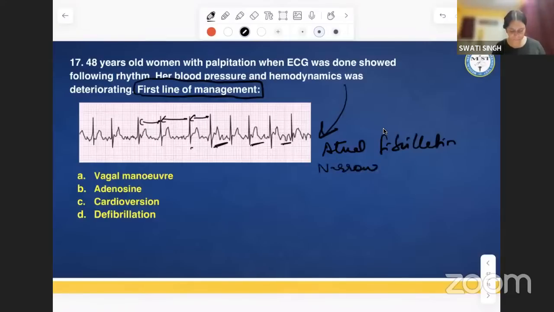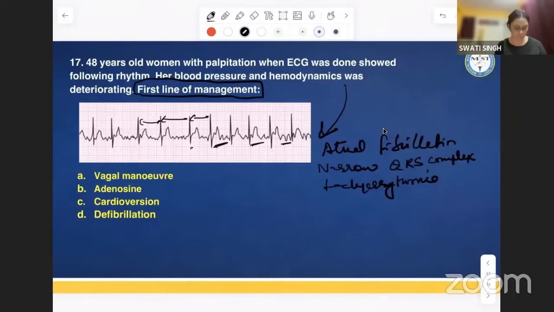Narrow QRS complex tachyarrhythmia, atrial fibrillation. Got it? So this atrial fibrillation, which is a narrow QRS complex tachyarrhythmia, how do we manage?